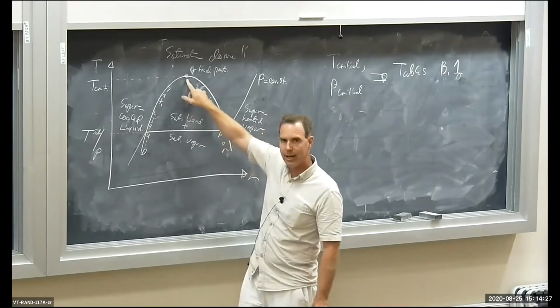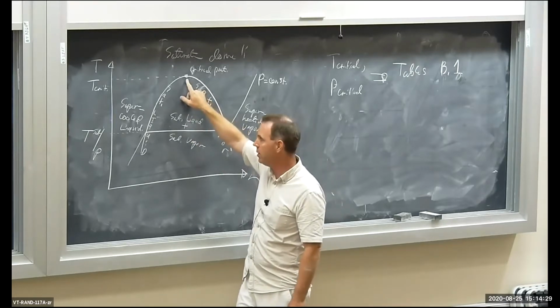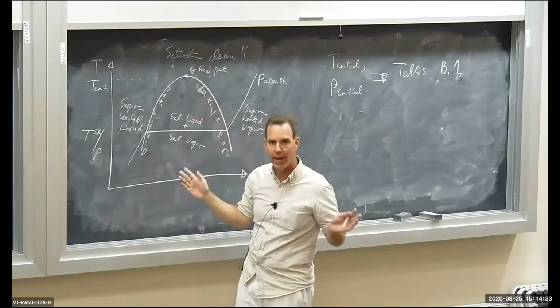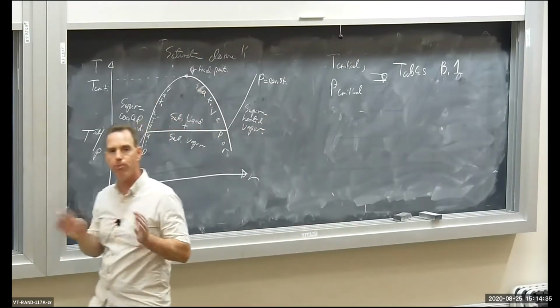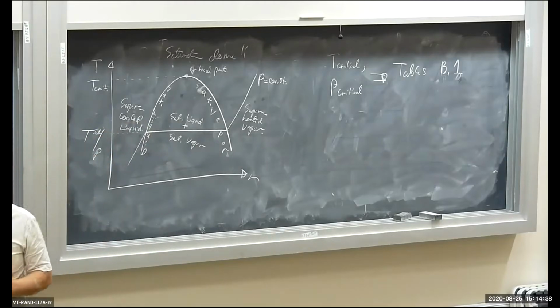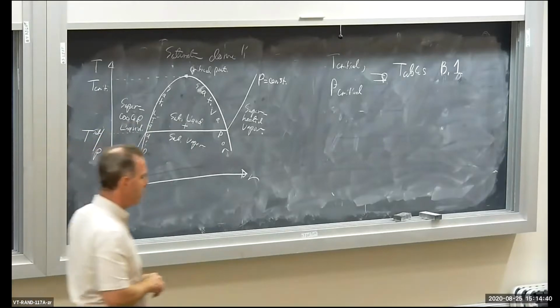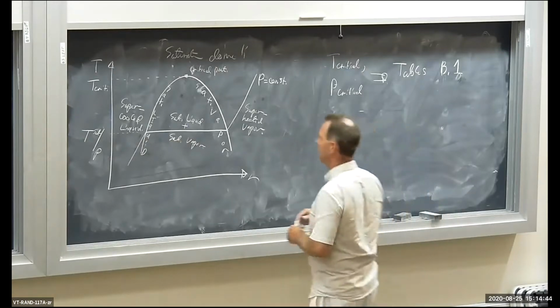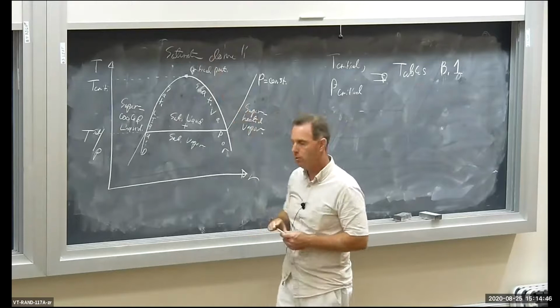When you get to the critical point, the distinction between liquid and vapor goes away, and it simply becomes a fluid. No free surface, everything behaves like a vapor, a fluid, above this critical point.